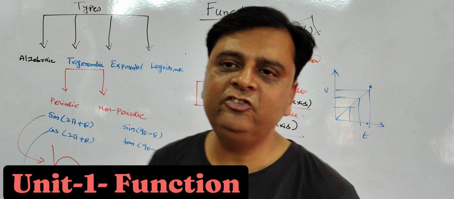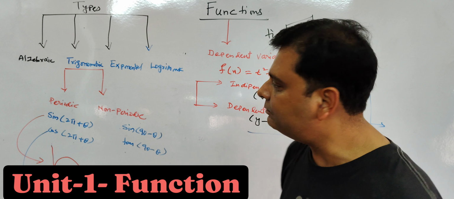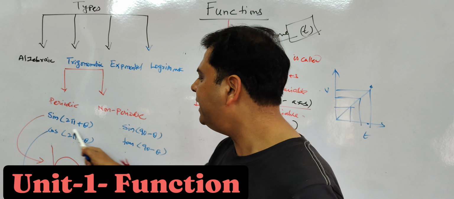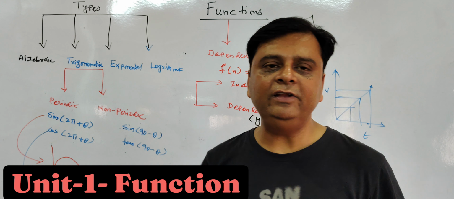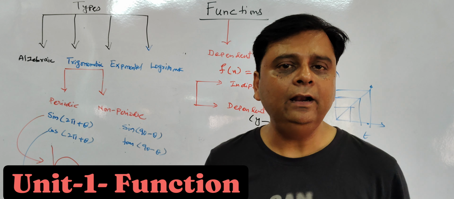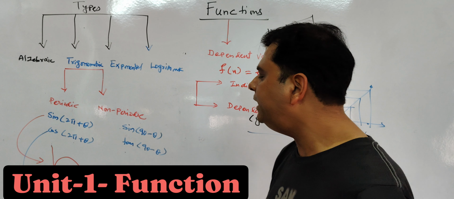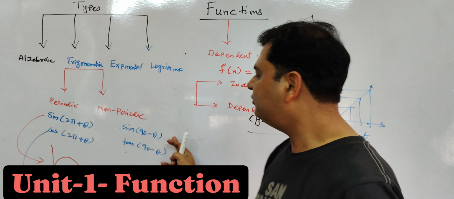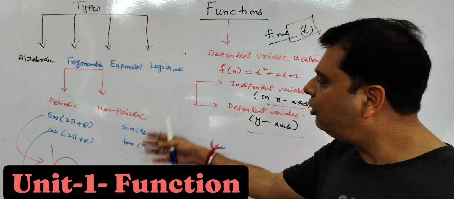We know periodic function means any function which is repeated after equal interval of time. For example, sin(2π + θ) will give you sin θ, and similarly cos(2π + θ) will give you cos θ. And non-periodic function means which is not repeated after equal interval of time. So sin(90 − θ) will give you cos θ, tan(90 − θ) will give you cot θ.